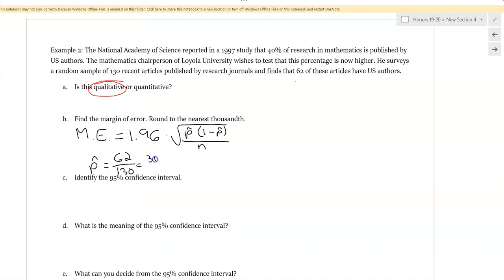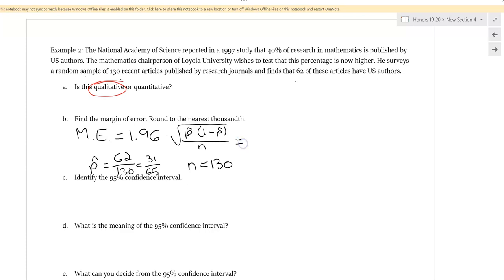I will reduce that to 31 over 65. You don't have to reduce it. I sometimes find it easier for typing in, but you could just type in the 62 over 130. And then our n, well, they are a random sample of 130 articles.